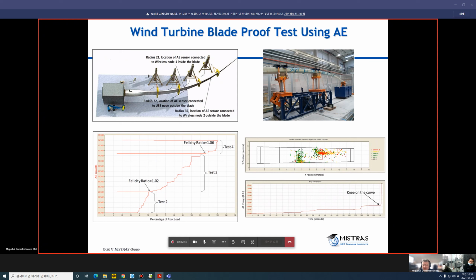And the coloration, you see the green, the yellow, the red, is related to the amount of energy that they release, meaning that the red coloration is related to a higher level of energy.